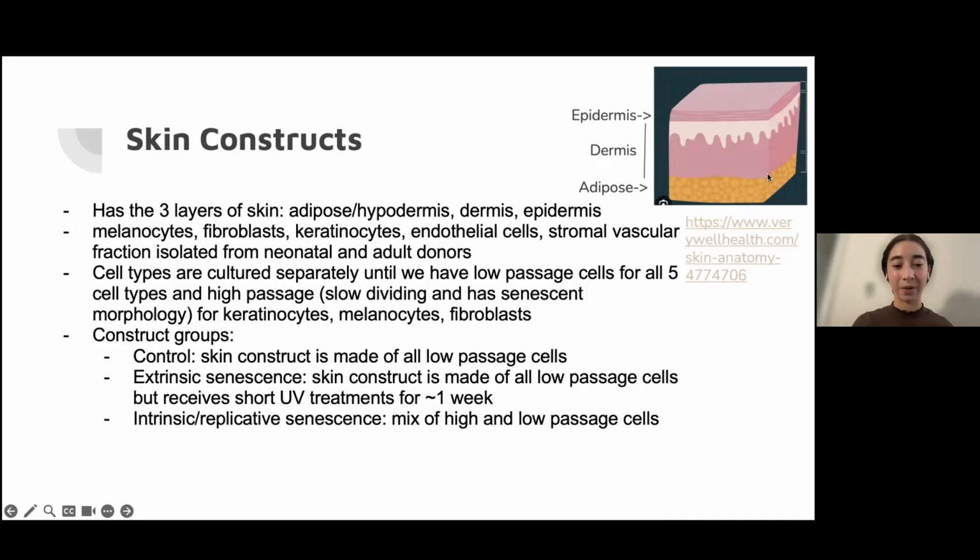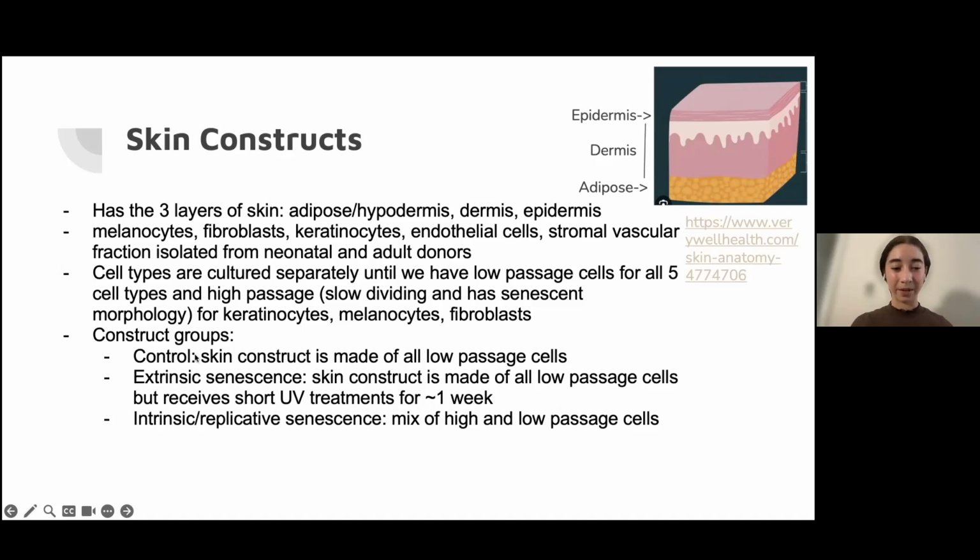These are all isolated from neonatal and adult donors. The cell types, once isolated, are cultured separately until we have low passage cells for all 5 cell types and high passage, which usually means that they divide very slowly and change cell morphology. For example, fibroblasts will start to look very stretched out, large, and have kind of blebs coming off of them. That's for the 3 cell types: keratinocytes, melanocytes, and fibroblasts.